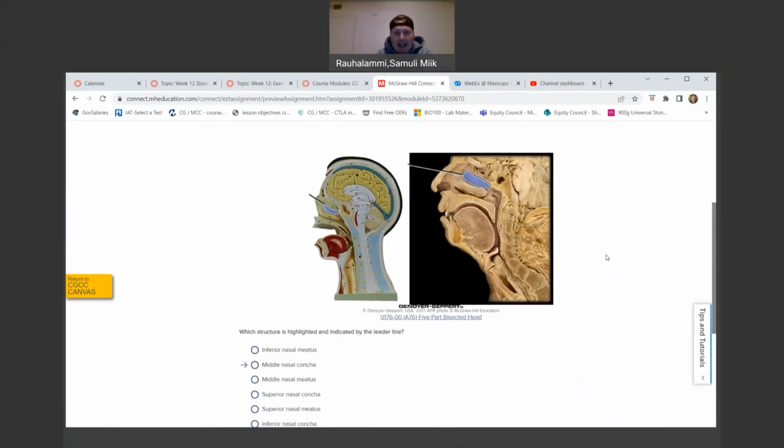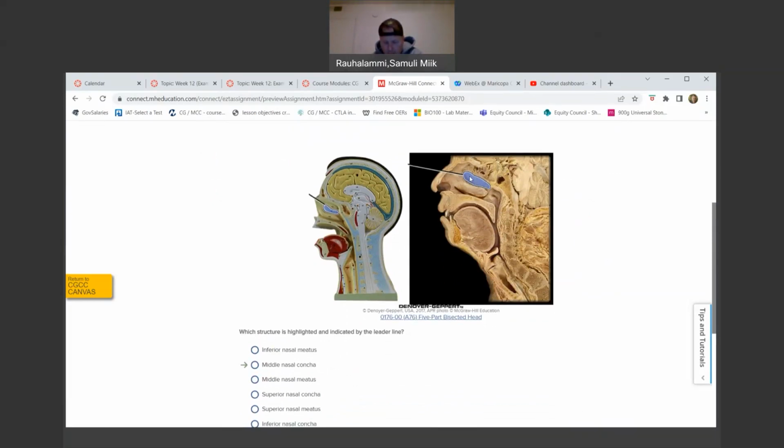We have a highlighted structure from the lateral wall of the nasal cavity, and this highlighted structure is this protrusion you might remember, and I'm just simply going to sketch it real quickly.